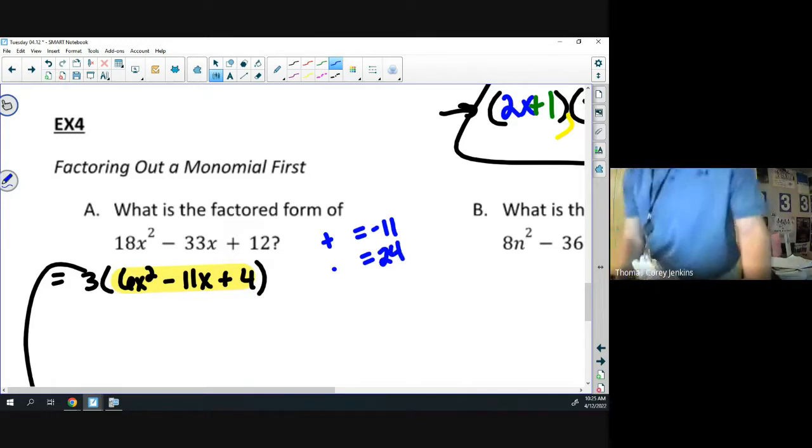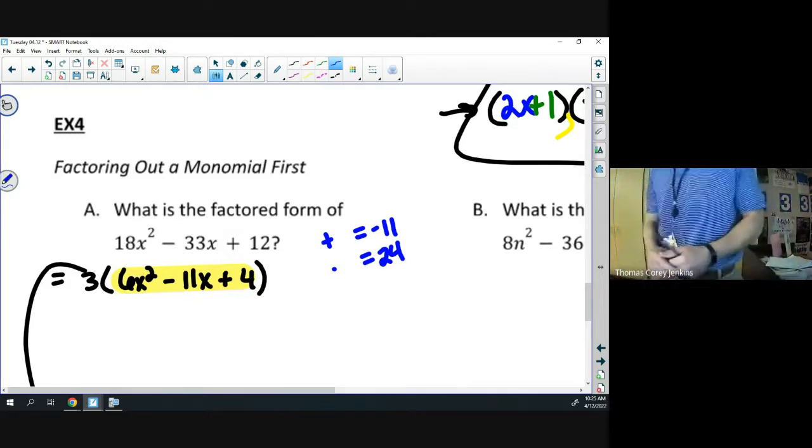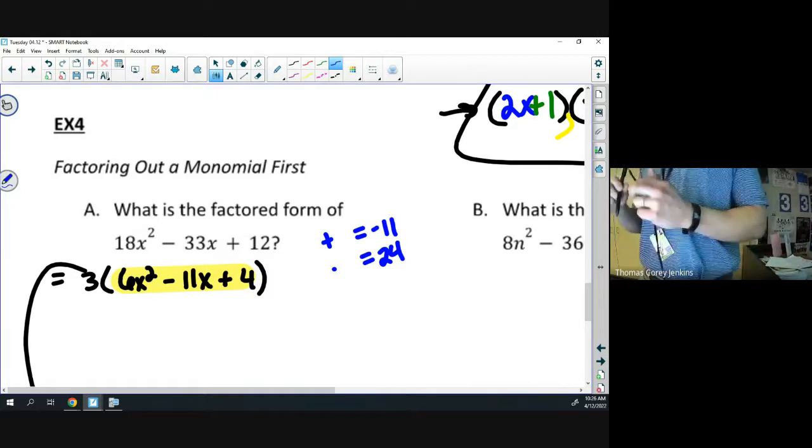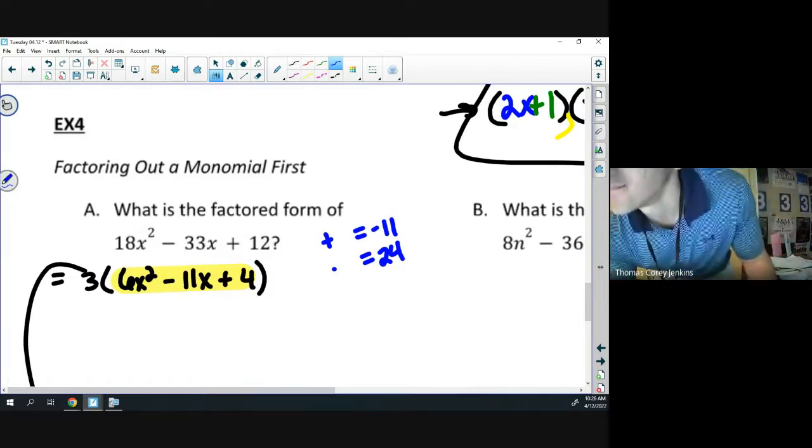Again, that was a big change from what we did in 8.5. Now we just think about them until we come up with them. So I'll let you guys think about it for a second. So adds to negative 11, multiplies to positive 24. Avery? Negative 8, negative 3. Very good.